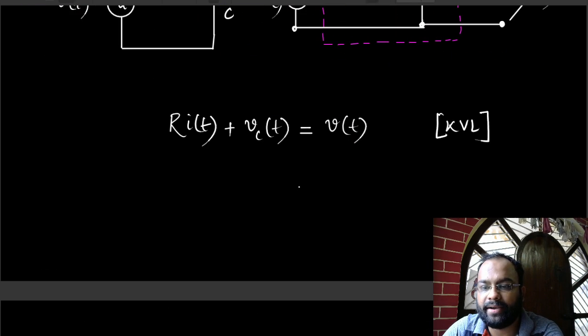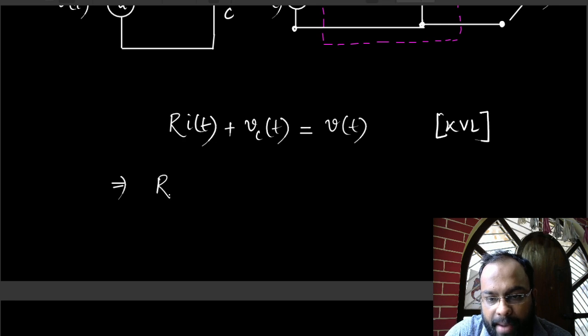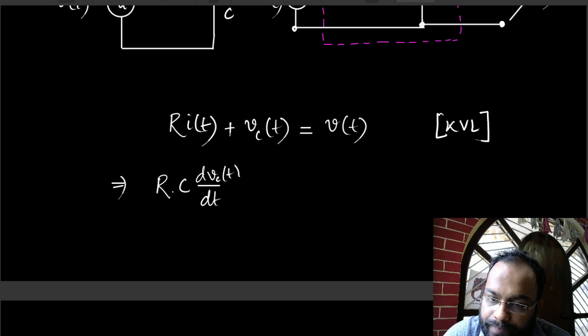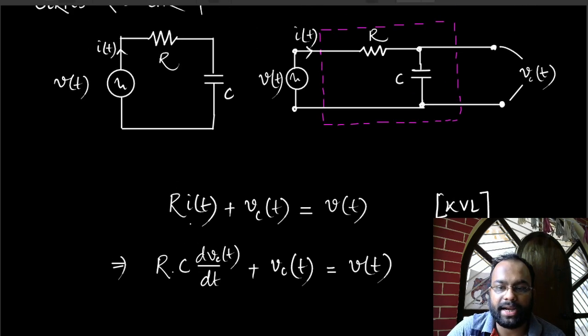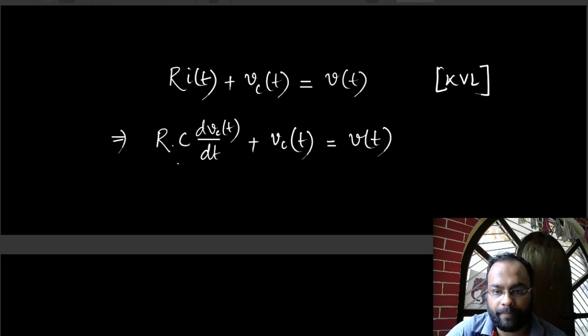So with that said, the current through the capacitor can be written as C dVc/dt.